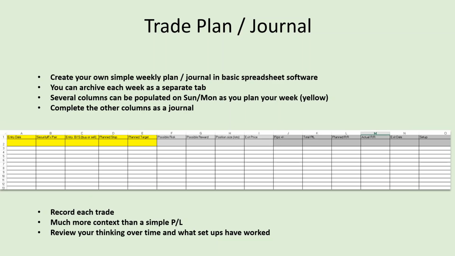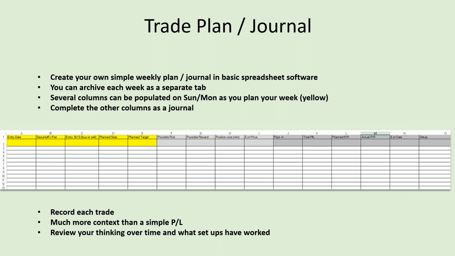So when I'm making my plan, those columns, A through E, I'll fill out up front. This isn't saying I'm executing the trade, but this is kind of what I've seen heading into it. Here's the date, here's the pair, here's where the entry would be, here's where I plan my stop, here's my planned target, those broad parameters for what would constitute a trade.